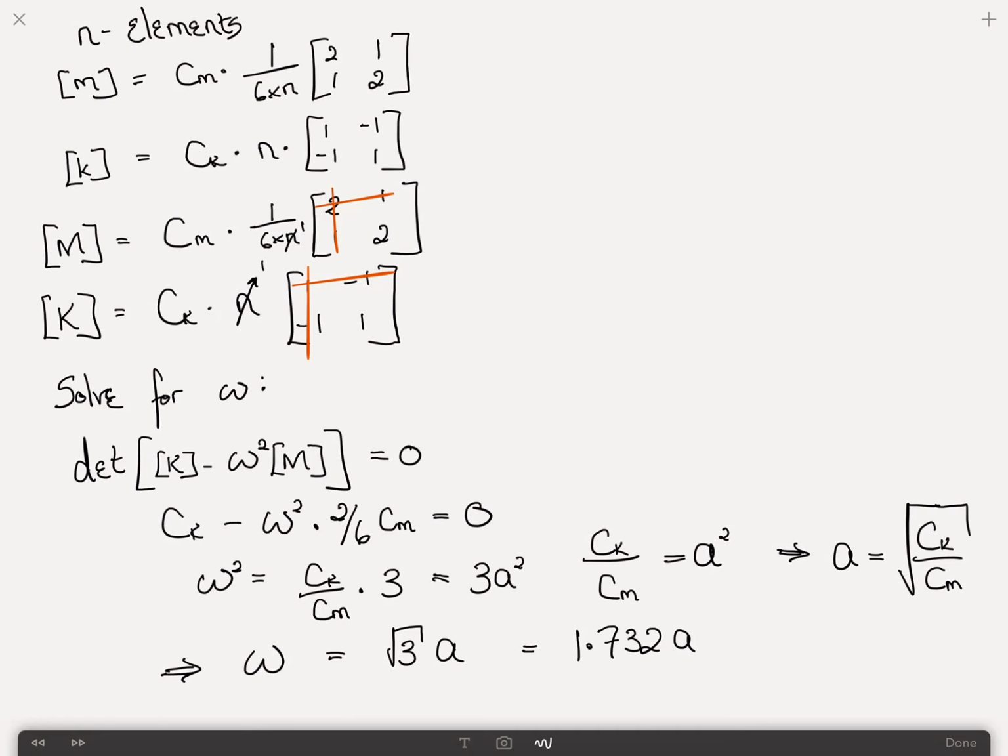So let's go and have a look at what happens if we model this with two elements.